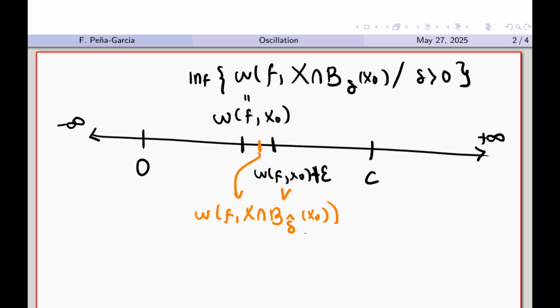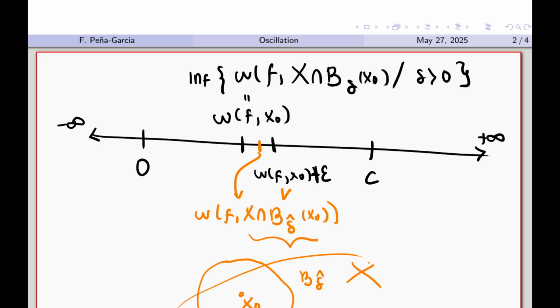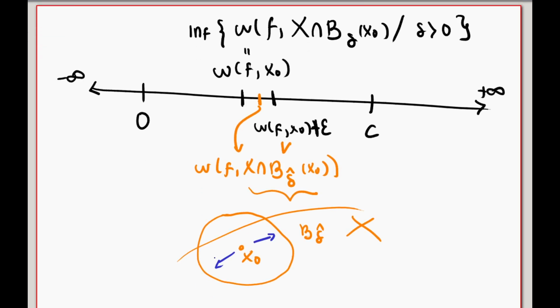So in this neighborhood, let's draw it here. We have x naught here, and this is this neighborhood, which is intersected with the whole domain X. So inside of this neighborhood, what happens if we pick any point here? What happens if we pick some x here? Of course, inside of X, right?